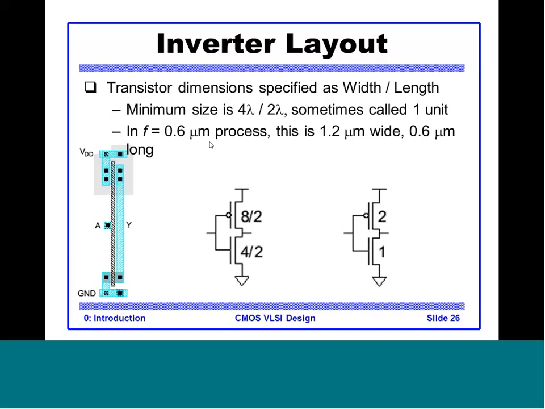So to compensate for that factor and to make the inverter balanced, that is, to make sure that both the NMOS and PMOS are of similar strength, the PMOS width is made twice that of the NMOS width. That is why everywhere you will see that the PMOS is designated as 2 and NMOS is designated as 1. Always the factor is 2:1.